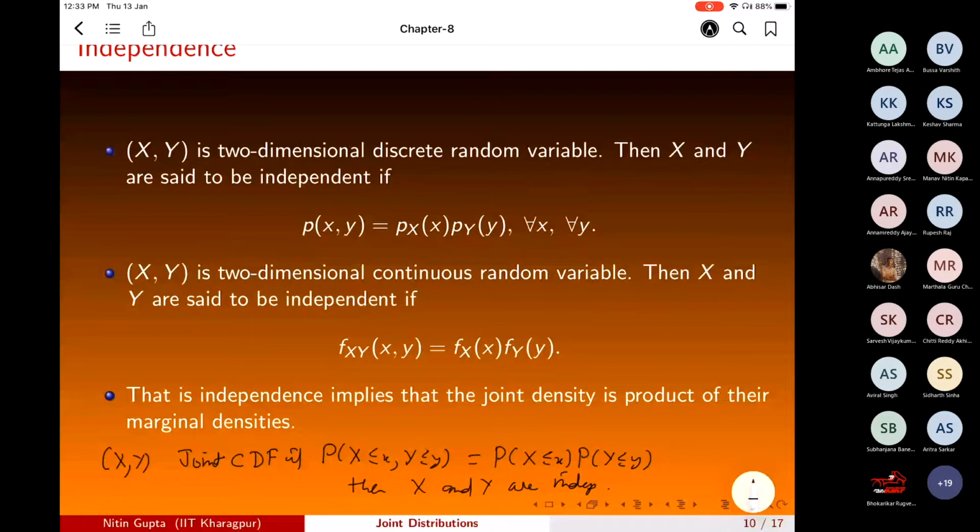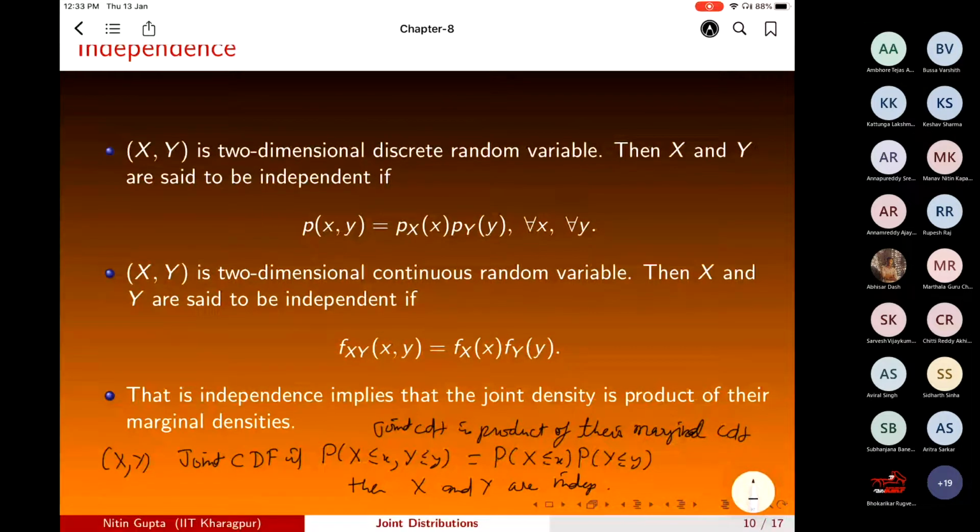If the joint CDF is the product of their marginal CDFs, then x and y are said to be independent.